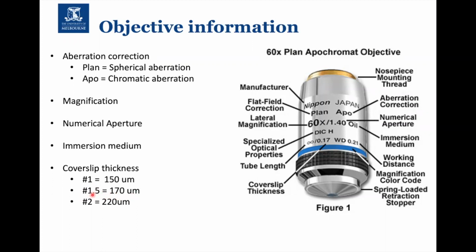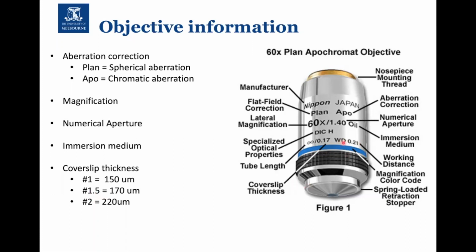If you go back to your lab after this lecture and you see that there are number 1 cover slips that your lab are using, then you will be affecting the quality of your imaging, especially if you're doing it in the Z direction. Please make sure that you have number 1.5 cover slips available.